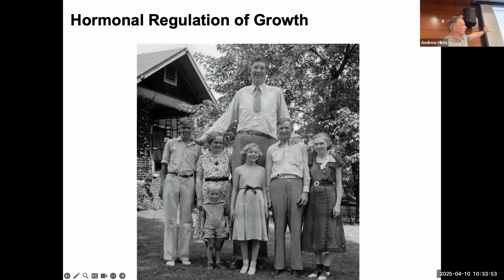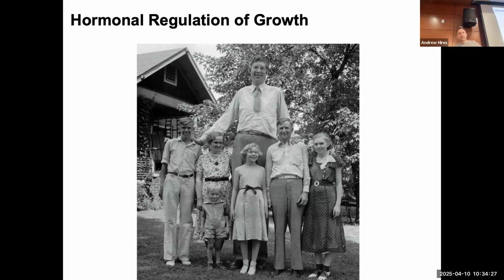So how might we get too much growth hormone? This could often be caused by adenomas. That would be a cancer of the anterior pituitary gland that then causes too much release of growth hormone. Really, the tallest people that have ever lived generally had adenomas.